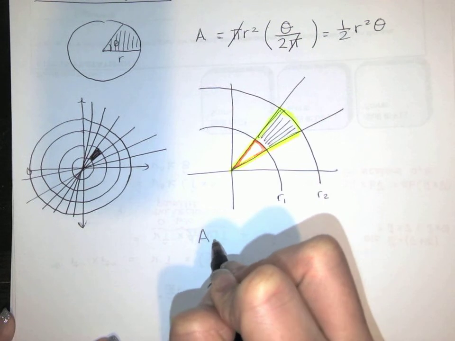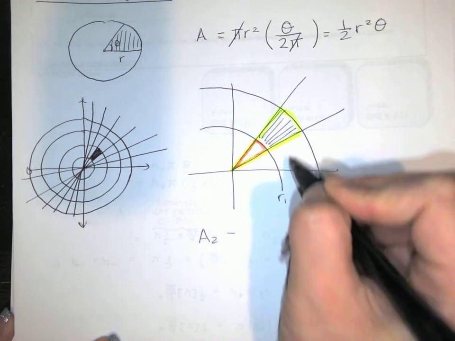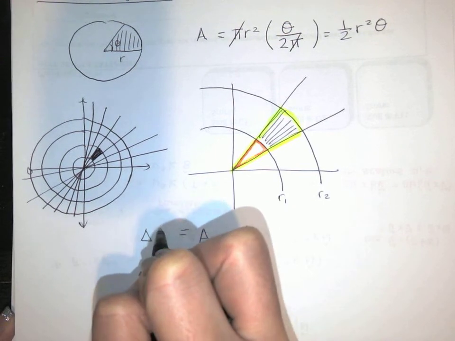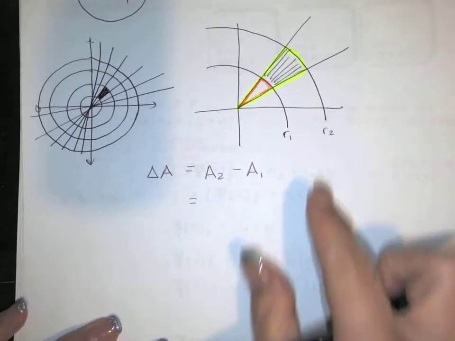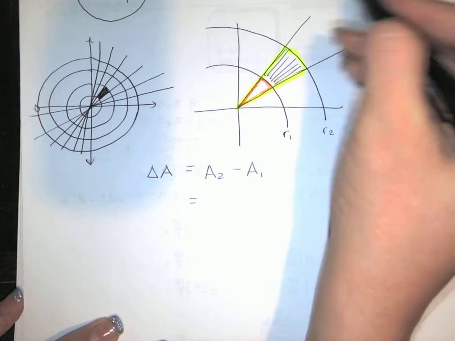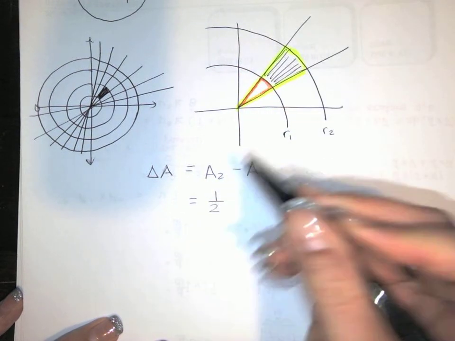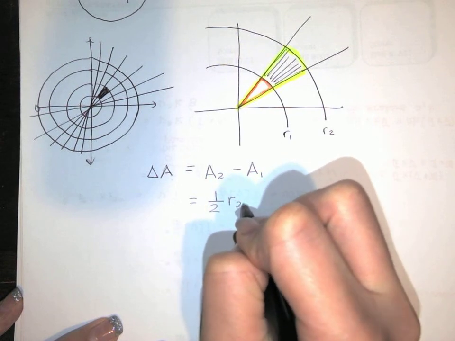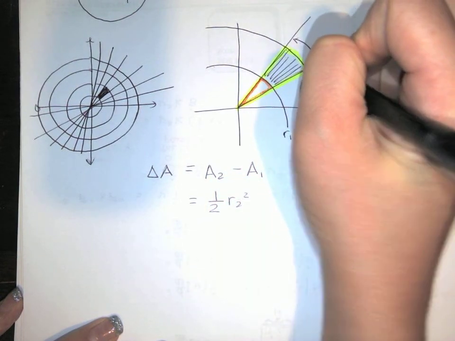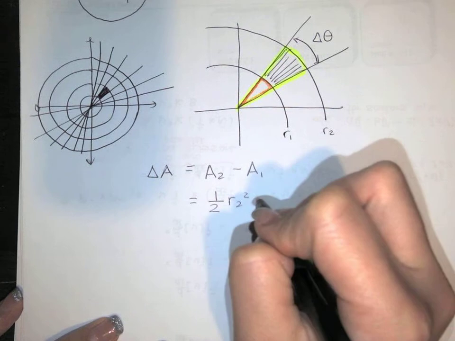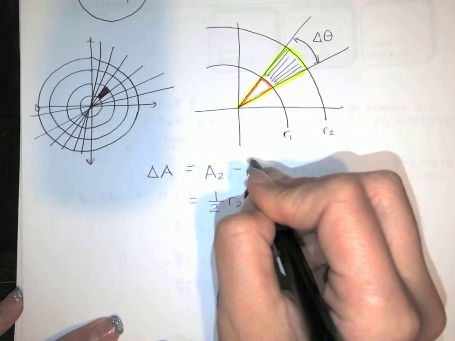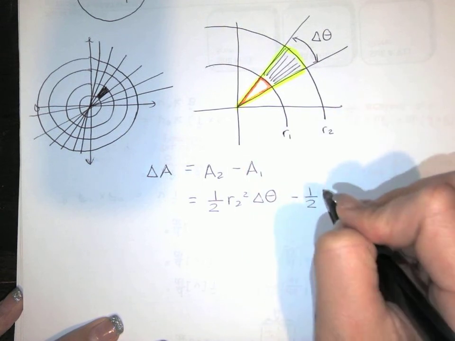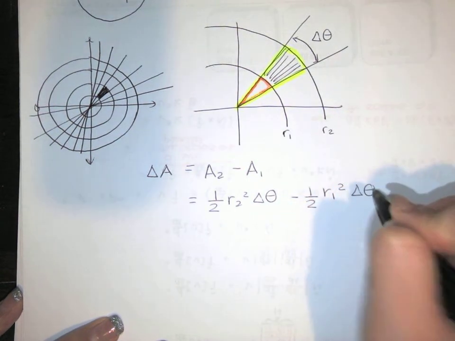So I'll have area sub 2 for that larger area, minus area sub 1, and that's going to be our delta A. Well, area sub 2 is, according to this formula, 1/2 of the larger radius squared times this angle, which I'm going to call delta theta. And then the smaller area, that orange area, is 1/2 the smaller radius squared times delta theta.